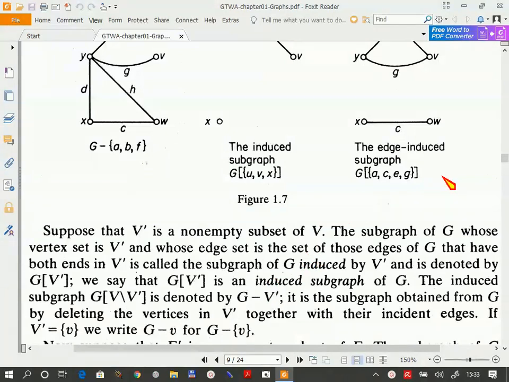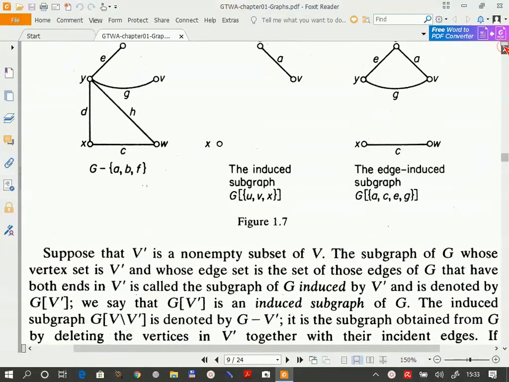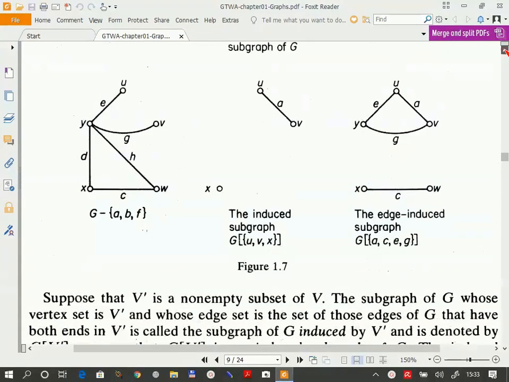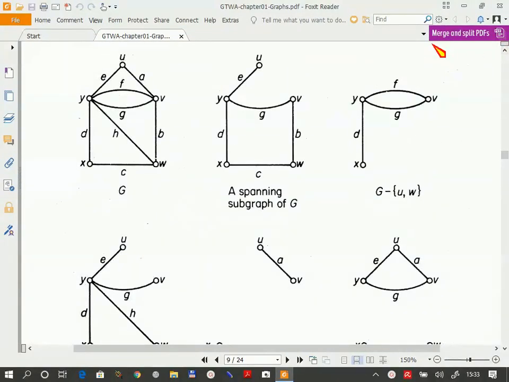So, for instance, if I want to take away from graph G the vertices U and W, this means I keep all the other vertices and the edges between them, okay? So this is G minus U and W.